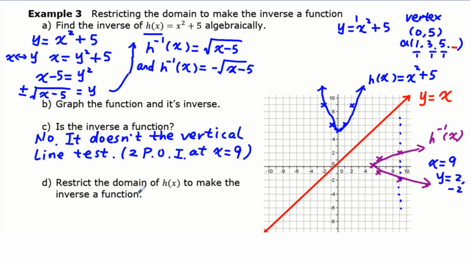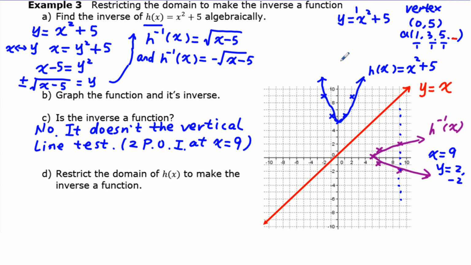So restrict the domain of the parent function to make the inverse a function. If we just restrict h of x to one branch, then flip it, it becomes one branch of the inverse function.